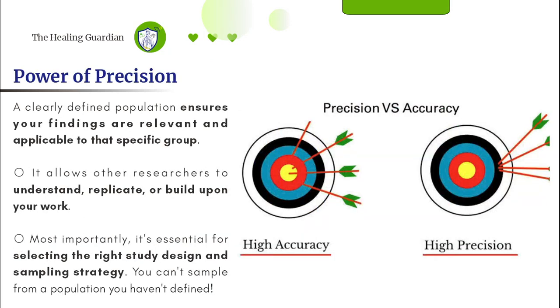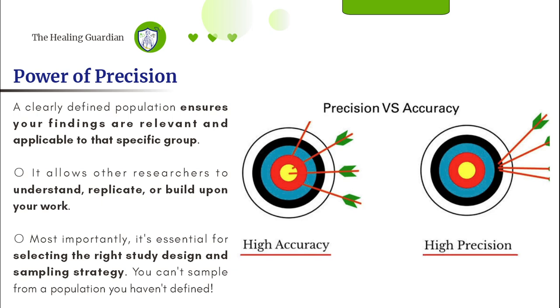The importance of being precise is that it ensures that your findings are relevant and applicable to that specific group, because the more specific your population, the more applicable your research findings. If you have said that you focused on female boda boda riders aged 18 to 30 years in Gulu City, the results of your research will apply to that specific group. But if your population is not specific, it is hard to generalize your findings.